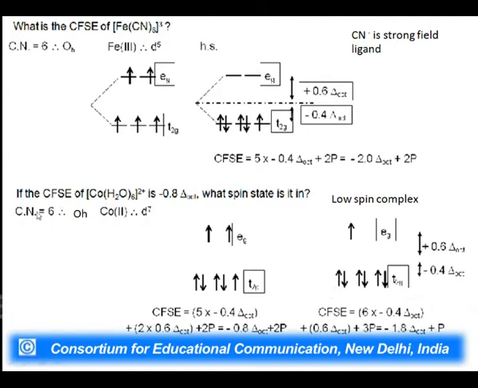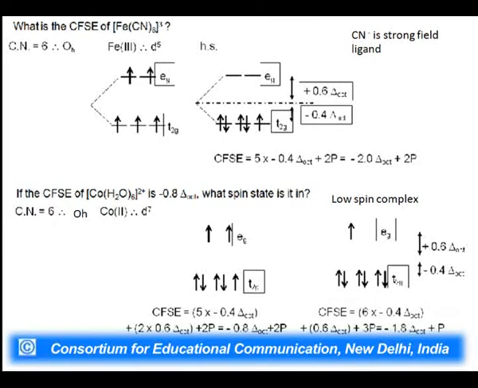Here, once again, because there are 6 aqua ligands, the coordination number is 6, the complex is octahedral, and there are 7 electrons in the D. Aqua being a weak ligand, there is no pairing taking place, and a high spin complex is likely to be formed, but we want to know whether it is true or not.